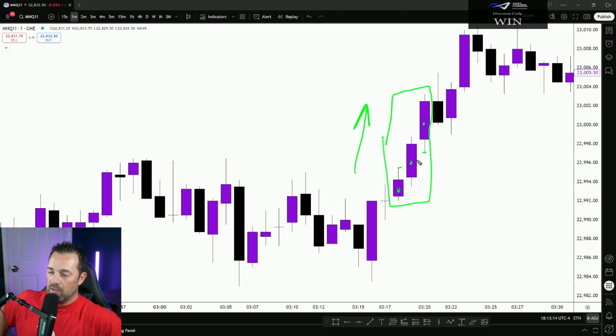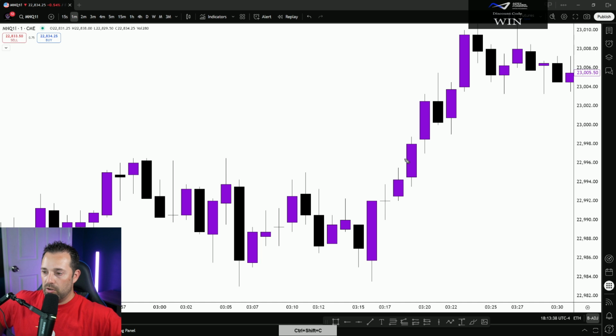Between this lowest point and this highest point, other than the body right here, is there anything in between? No. They never went between each other.